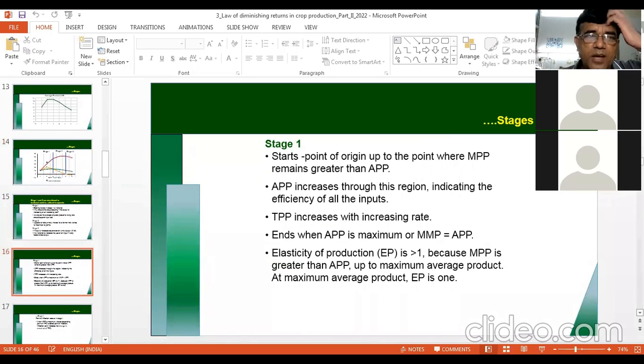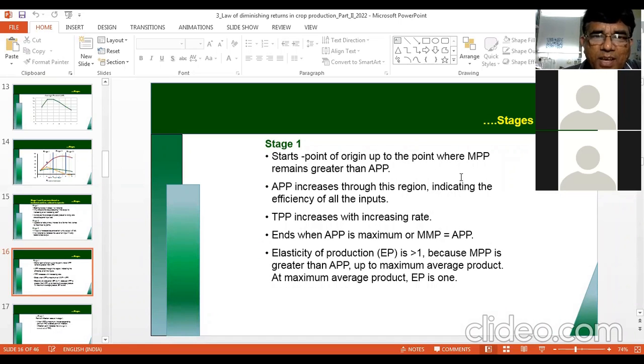Now stage 1. Now some details about these stages, and you get several questions on these in your examinations. Stage 1 starts from the point of origin up to the point where marginal physical product remains greater than APP.